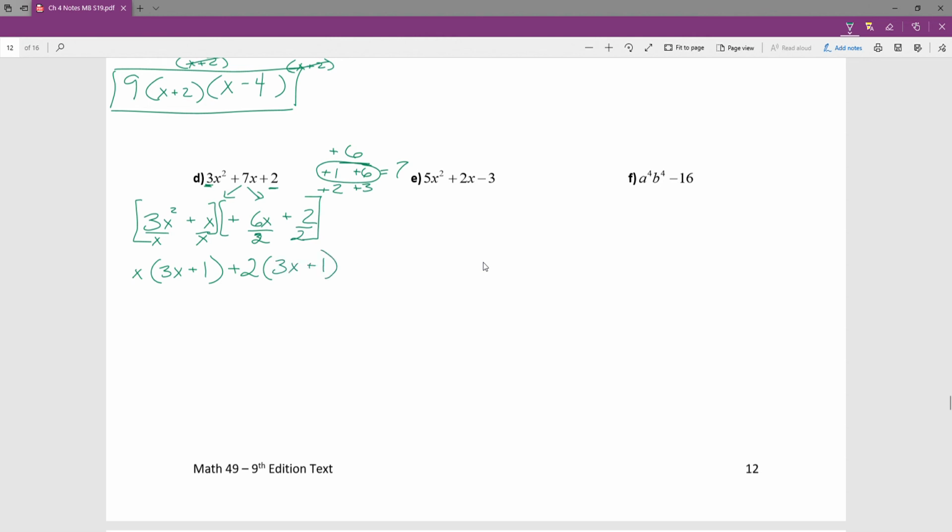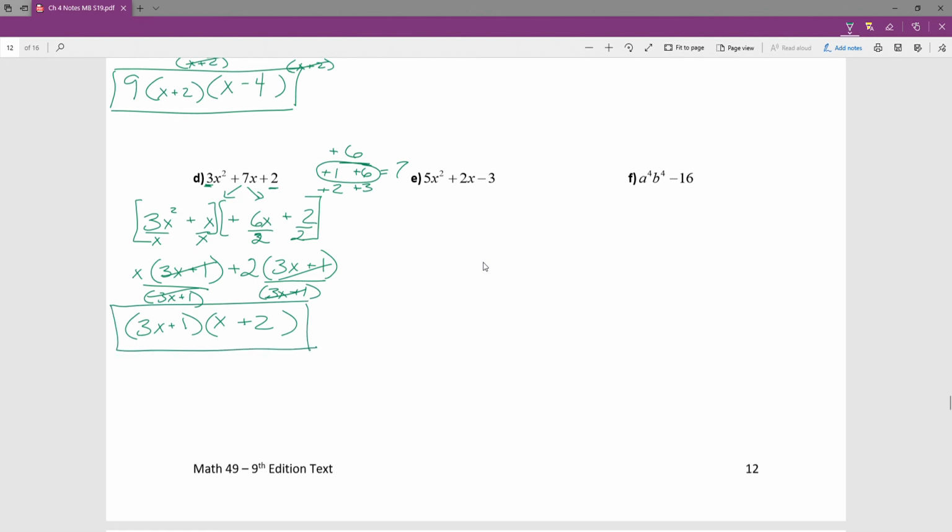My brackets now match, so that is the common factor of my 2 terms, so I write it down. And then again, I fill up the brackets with what's left over when I divide that out. So if I were to divide this out of each of the terms, you probably might not be showing your work at this point, I'd be left with the x and the plus 2 in the brackets.